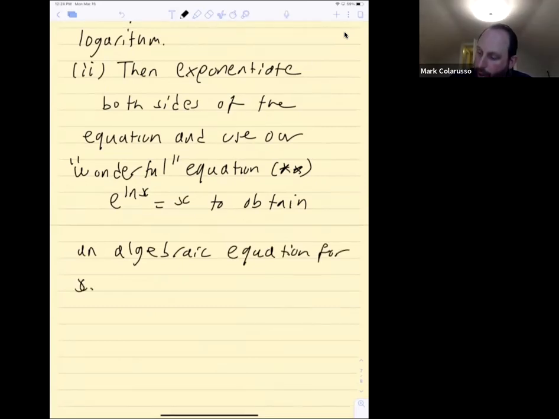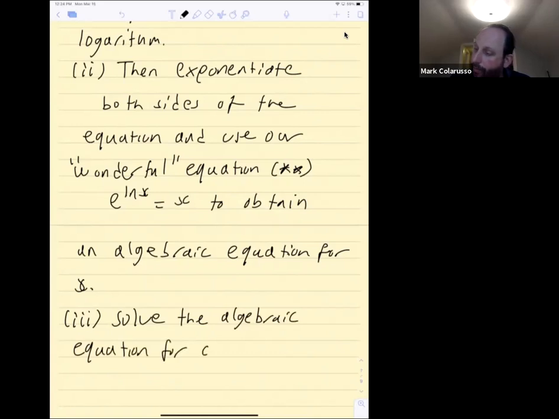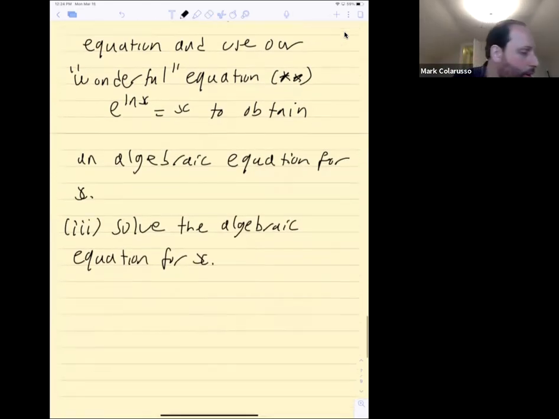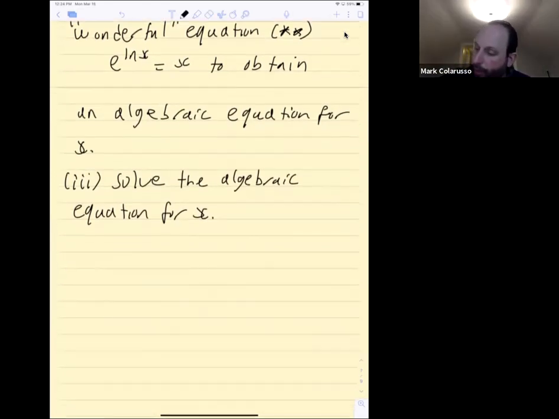And then lastly, the third thing is solve the algebraic equation for x. Okay, so let's do it. Those are the 3 steps.